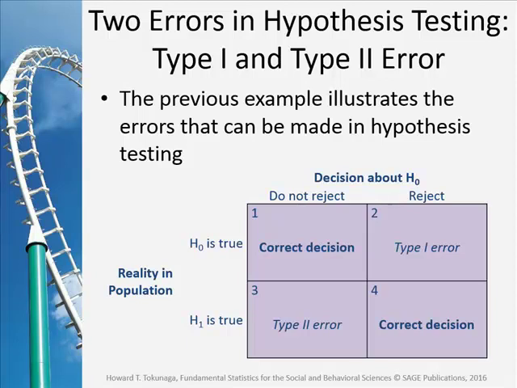These two types of error: type 1 error is when you say there's an effect. We're rejecting the null hypothesis. That's type 1 error. We're rejecting the null hypothesis when we should not, because it's true. So type 1 error, you say there's an effect when there is not one.